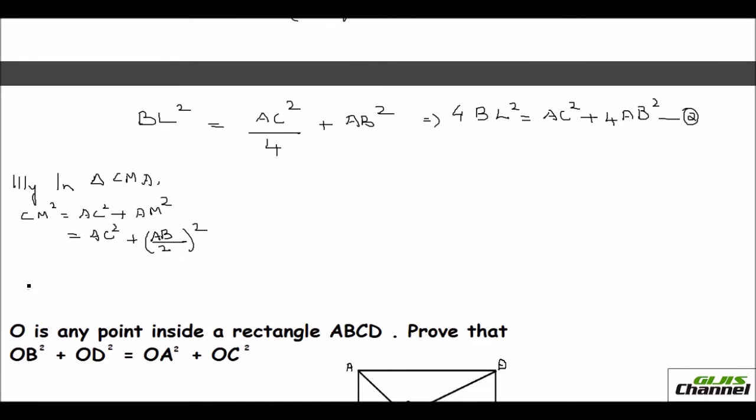So finally, we would get CM square is equal to AC square plus AB square over 4, right? Squaring both the numerator and the denominator, you get this. So multiplying throughout by 4, I get 4CM square equals 4AC square plus AB square. Okay, let me take it as equation 3.